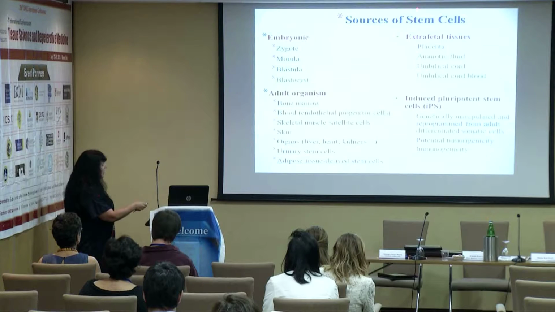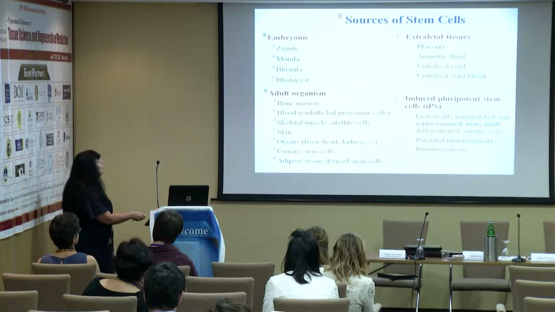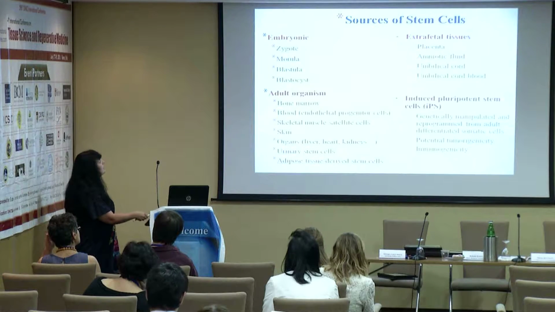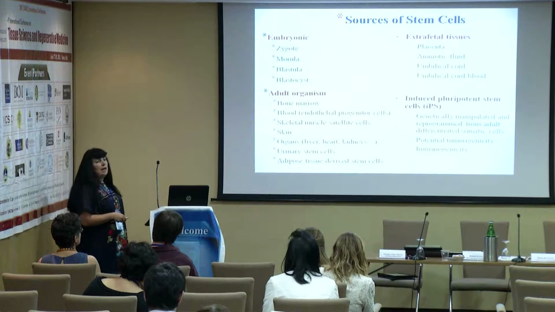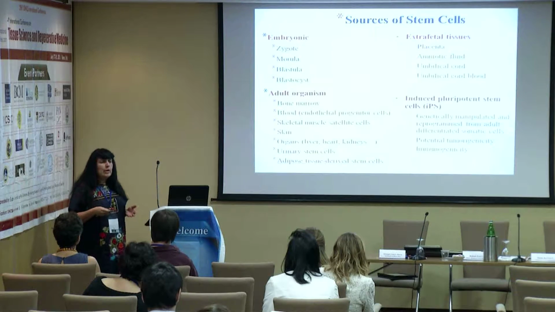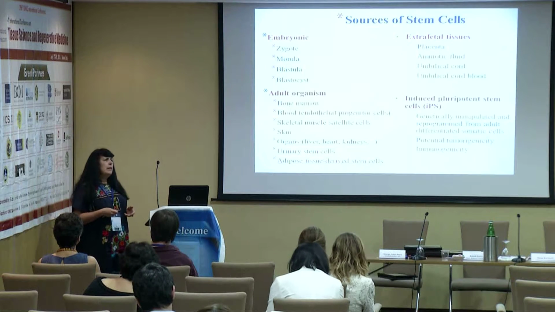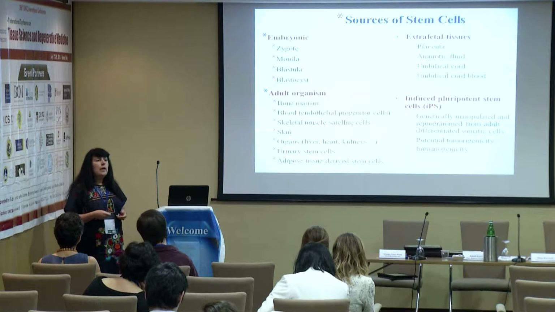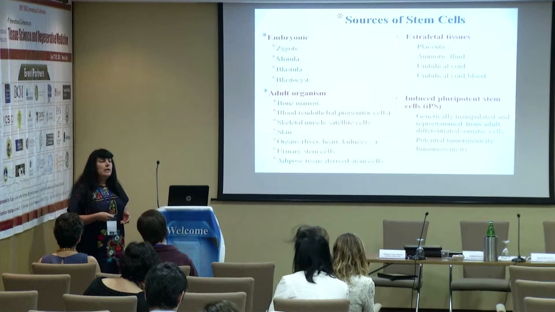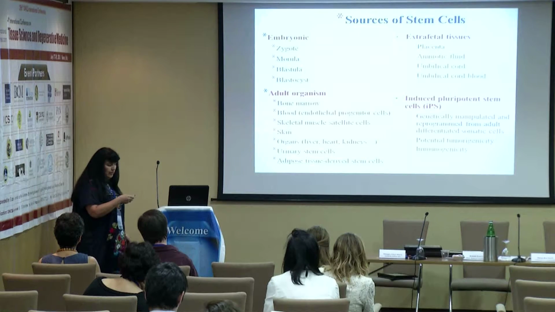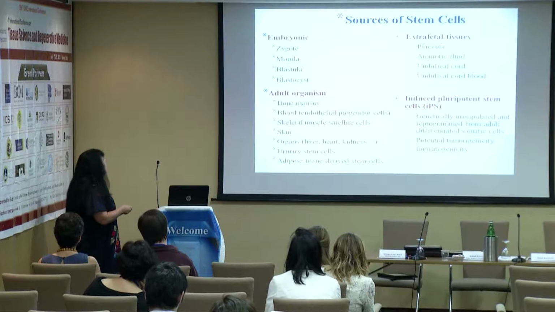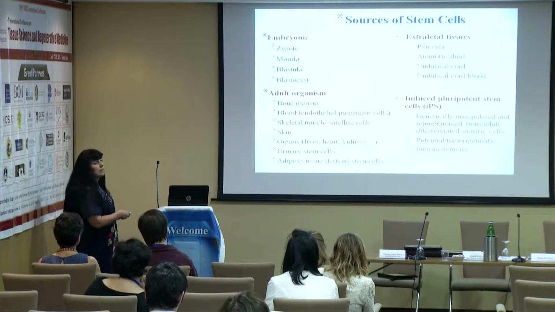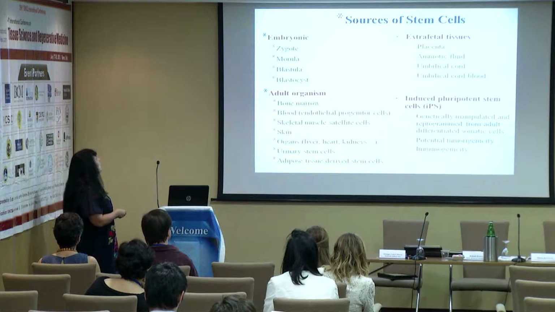We can also use induced pluripotent stem cells, but they are genetically manipulated using chemical viruses, and they can be considered dangerous, associated with the risk of immunogenicity and even cancerogenicity. And so, the most suitable source can be considered adult stem cells.